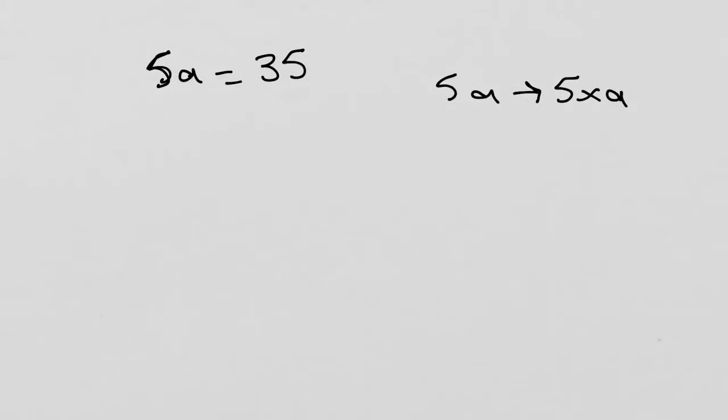Since the 5 is multiplying, we will perform the opposite operation on it. We know that the opposite operation of multiplication is division, so we will divide both sides by 5. Since we perform the opposite operation, we can say that the 5 will cancel out. Now 35 divided by 5 is 7, so a equals 7.